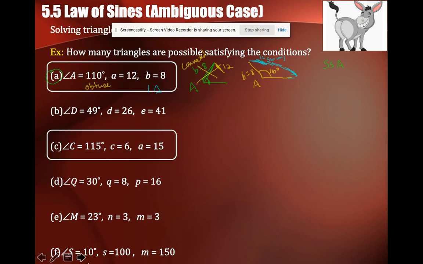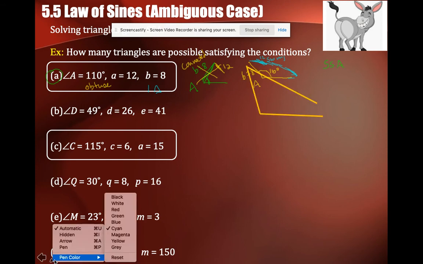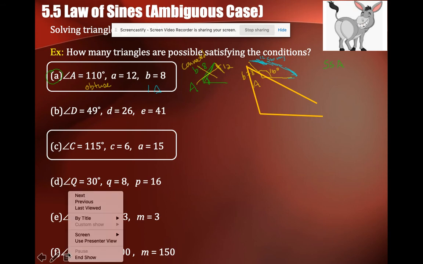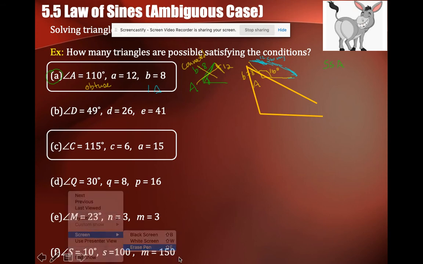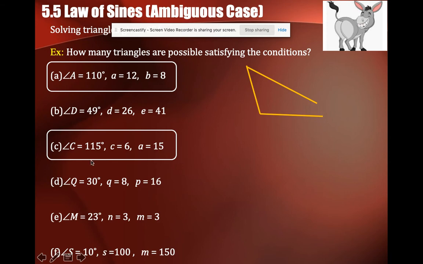But I want to get to the case where we're solving one. Oh, I just wanted to highlight the fact that of these two, I went to my obtuse ones first because I know my obtuse ones are either 1 triangle or no triangles. I'm not going to have my ambiguous case unless I have an acute angle. So my given angle is acute.